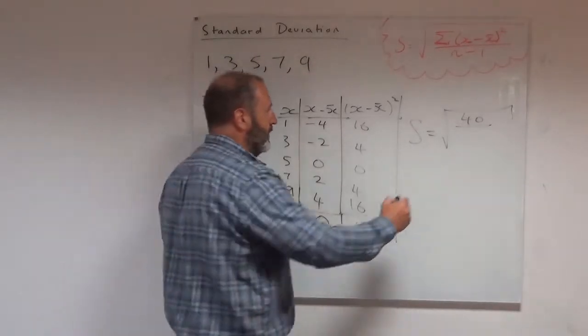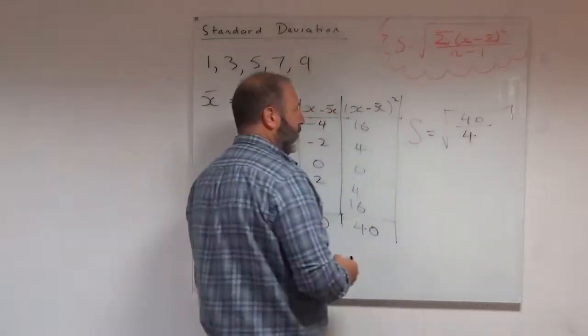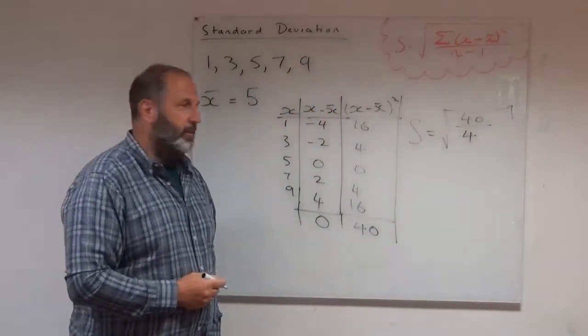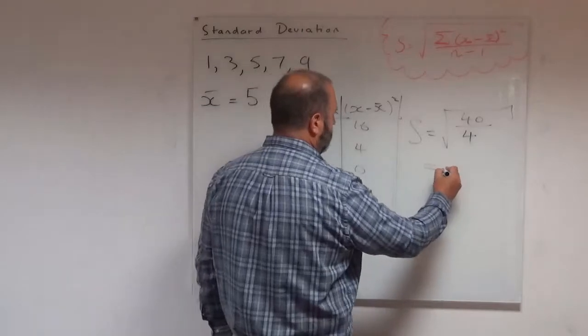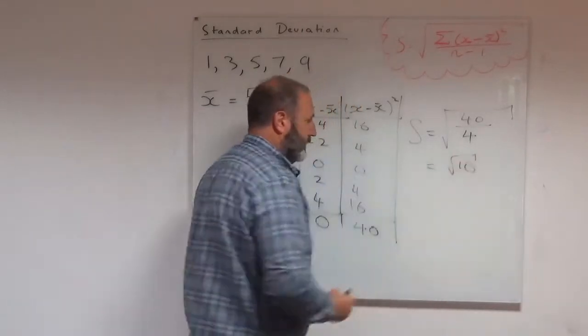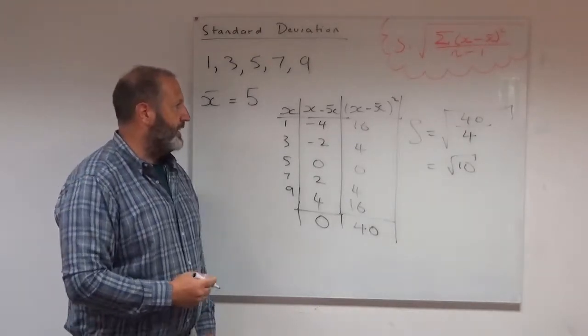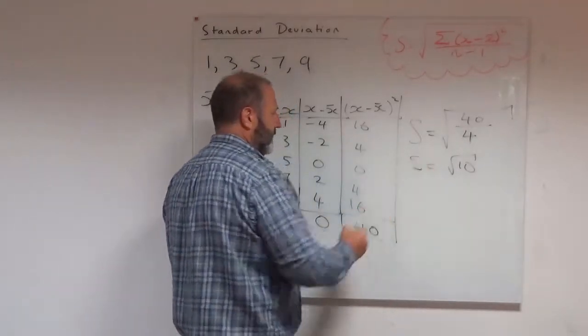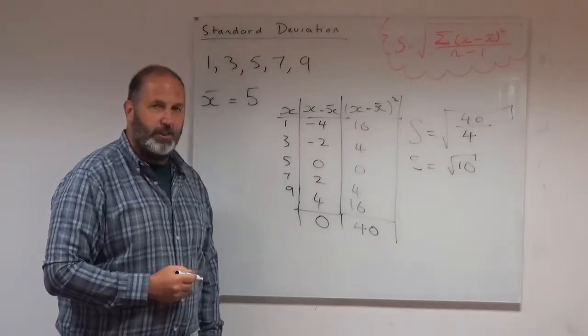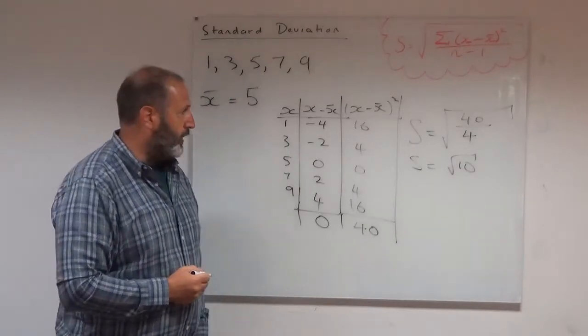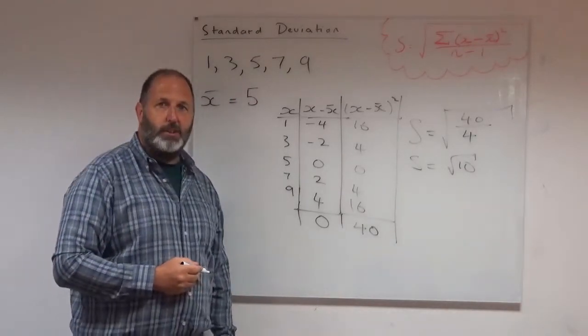So n minus 1 is 4. So if I tally that up, I get the square root of 10. That's my sample standard deviation.